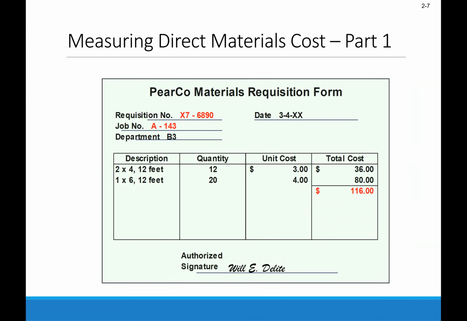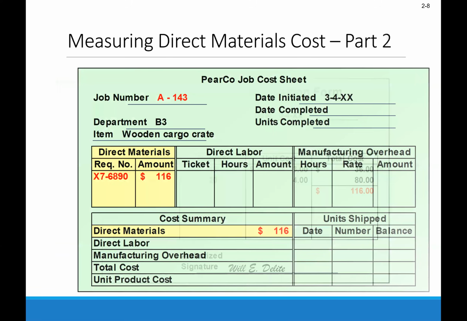While a product is being manufactured, they're going to request the various items that are needed through a materials requisition form. Those then get traced back to the job cost sheet.